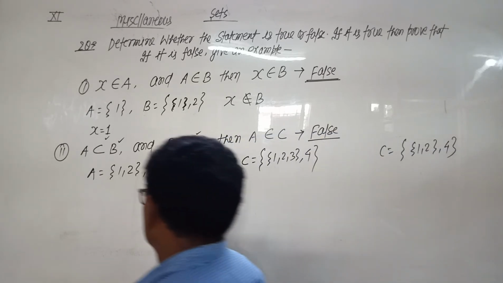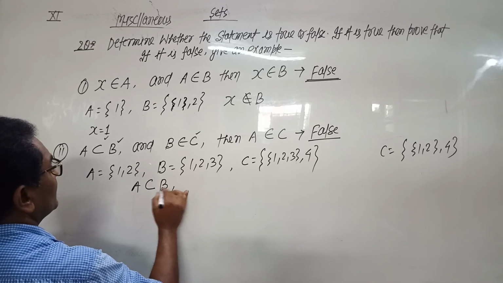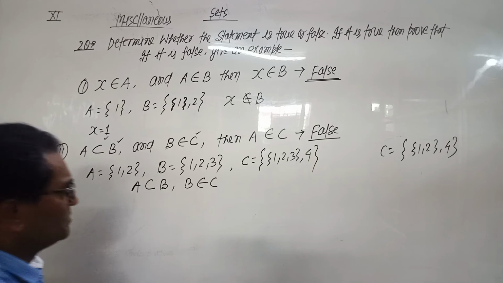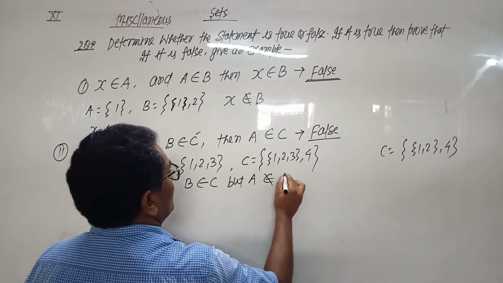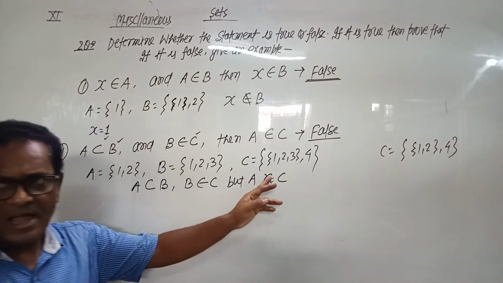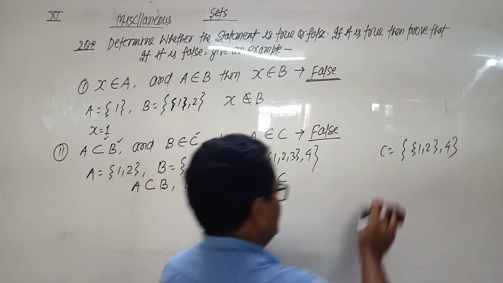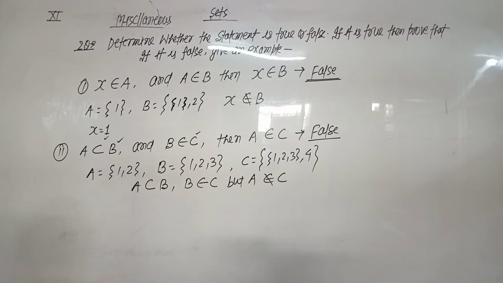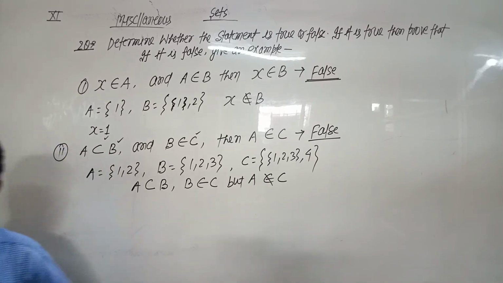So A is a subset of B and B belongs to C, both are correct, but A doesn't belong to C. We give this example, so this statement is also false.